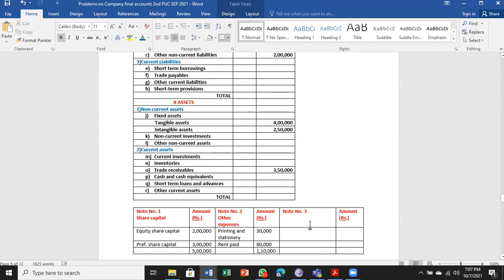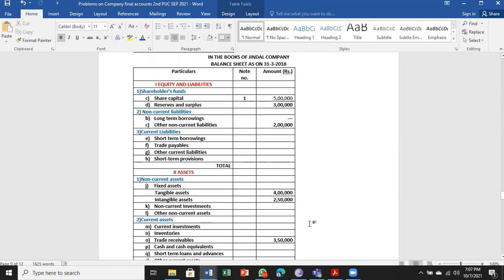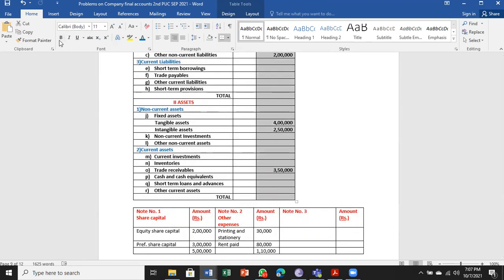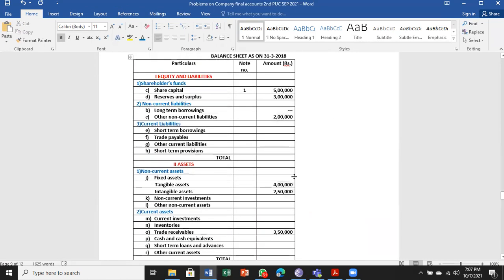So we need not bother about, there is no income, nothing to bother. Only we have to bother about totaling now this one, balance sheet. So share capital I have taken and other items. Let us add here. So 5 lakhs plus 3 lakhs plus 2 lakhs. Total liability is 10 lakhs.